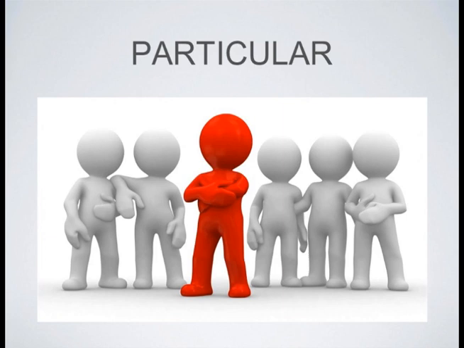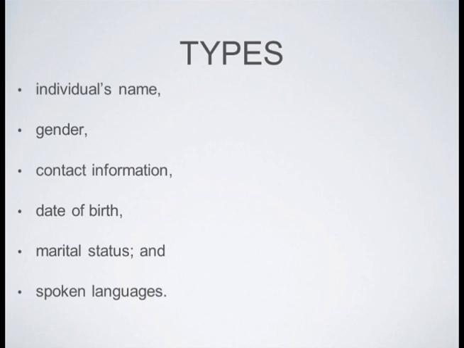But typically, personally identifiable information includes such things as an individual's name, their gender, their contact information, their date of birth, their marital status, and spoken languages. Any one of those types of information, if you collect that information, if that information gets disclosed in an unauthorized way out into the public, that can qualify as a data breach of personally identifiable information.